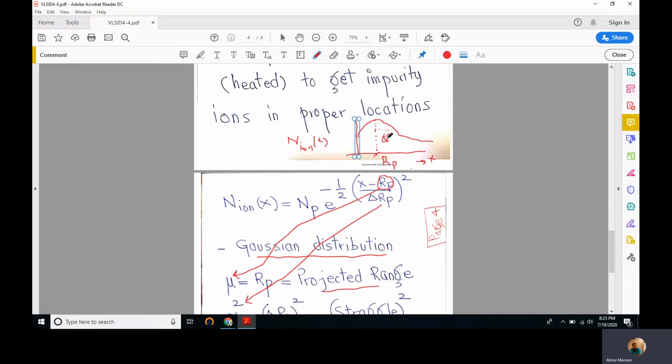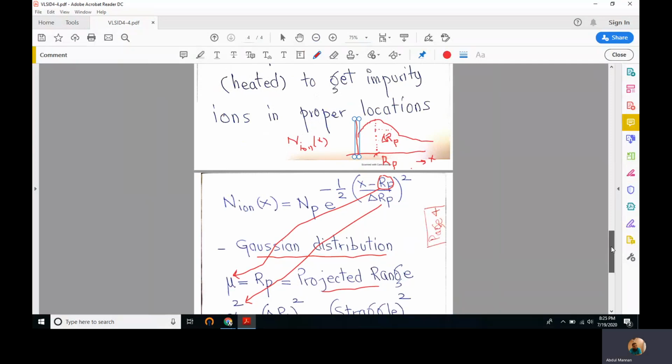If delta Rp is large, the width of the curve is large. So delta Rp is a quantity that is directly proportional to the width of this curve, whereas Rp is the point on x that has the maximum probability. So it is somewhere in the middle.